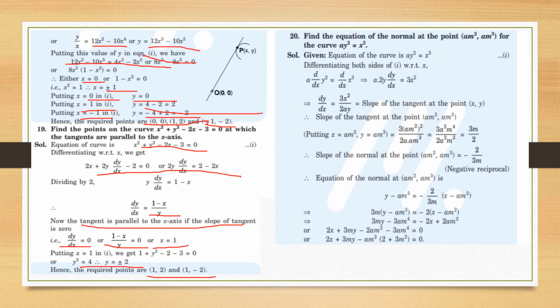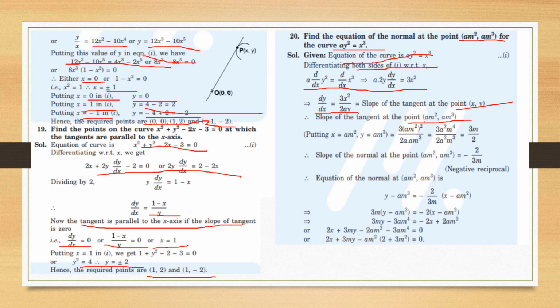Number 20 is, find the equation of normal at the point (am², am³) for the curve ay² equal to x³. Now the equation of the curve is ay² equal to x³. Differentiating both sides, I'll get dy/dx turns out to be 3x² upon 2ay. This is the slope of the tangent. Now at this point (am², am³), put x as am².